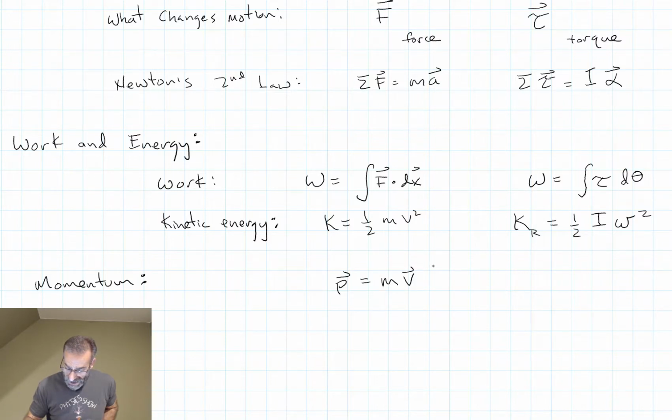Mass times velocity. When something is spinning, it has angular momentum. We use a capital L for angular momentum. And what do you think it's going to be equal to? The rotational counterpart for m, for inertia, is rotational inertia, I. And the rotational counterpart for velocity is angular velocity, omega.